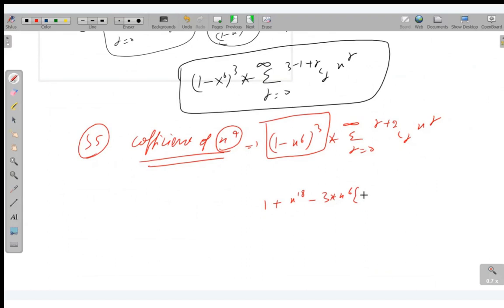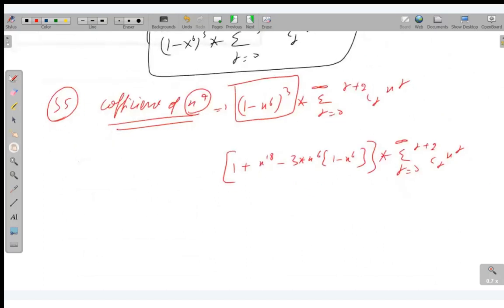Yes, this is the formula. Okay, so we have got it. Now multiplied by sigma r equals 0 to infinity (r plus 2)Cr x power r.